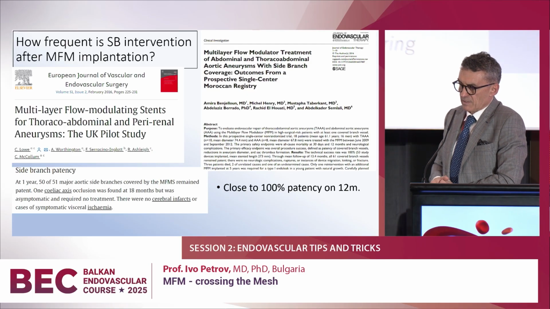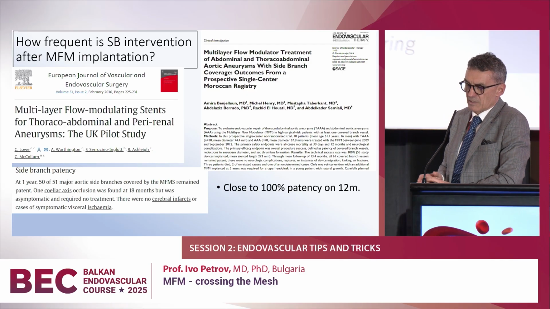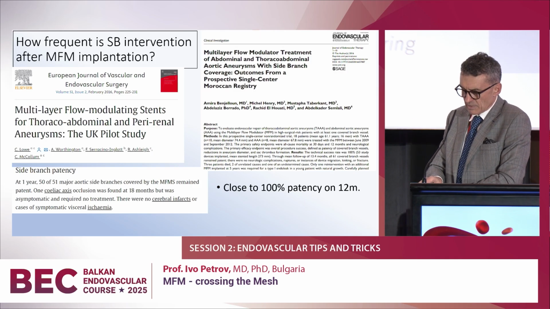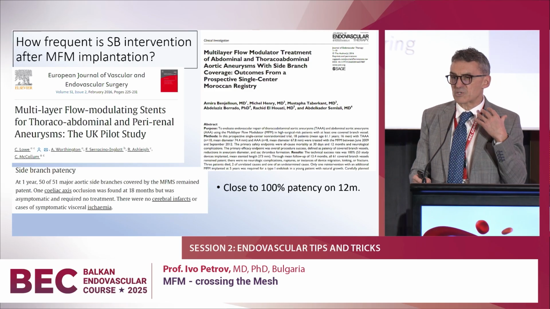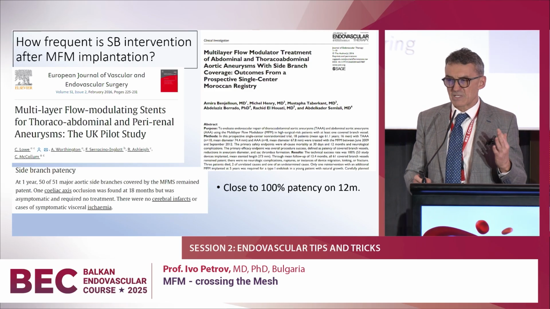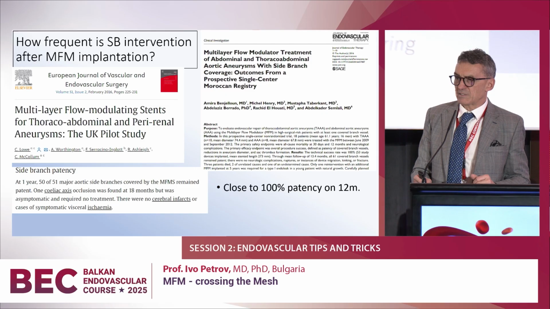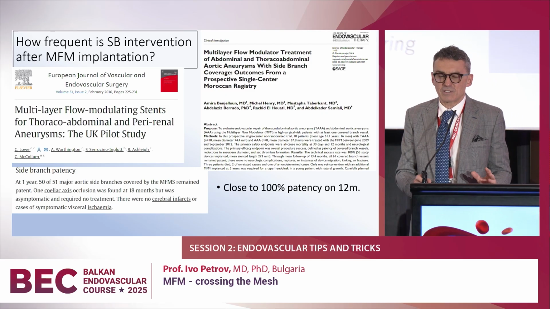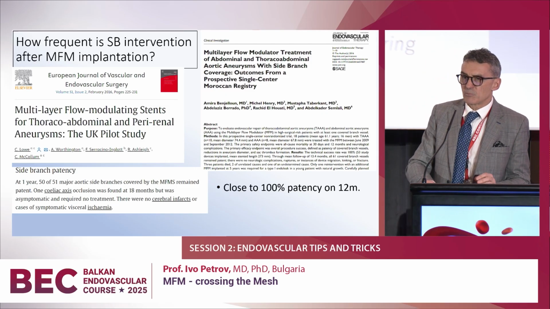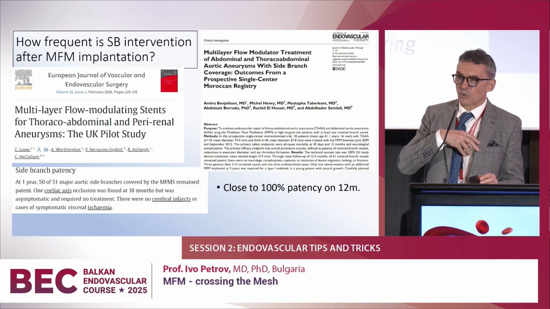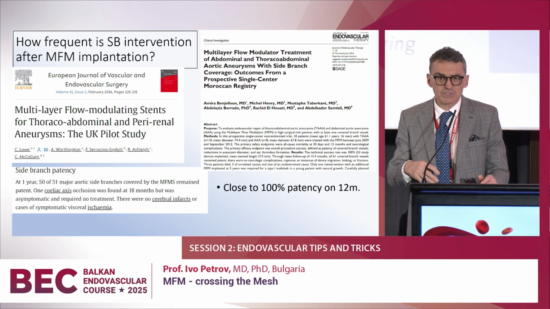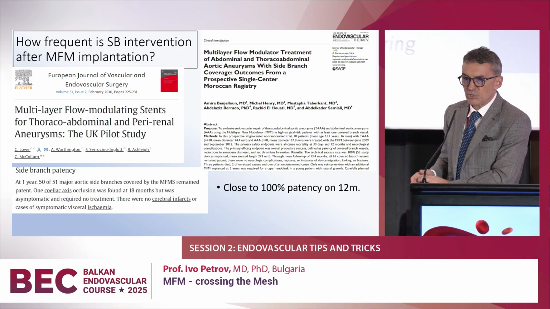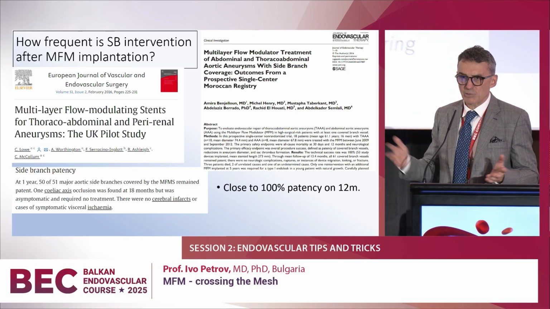And in fact, many trials have shown good results in the early period and excellent results regarding preserving the flow into the side branches. We implanted and published one of the first in the history of medicine, multi-layer flow modulation for aortic dissection type A in a young patient in a critical condition, in which in a bailout situation, he was dying.